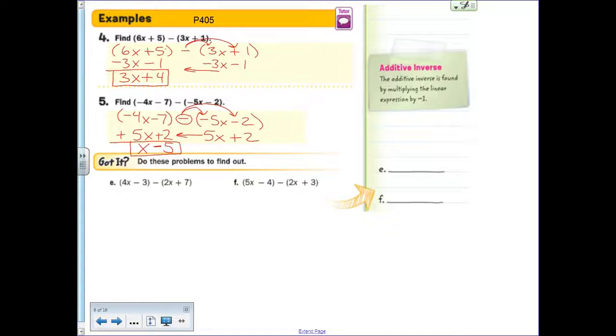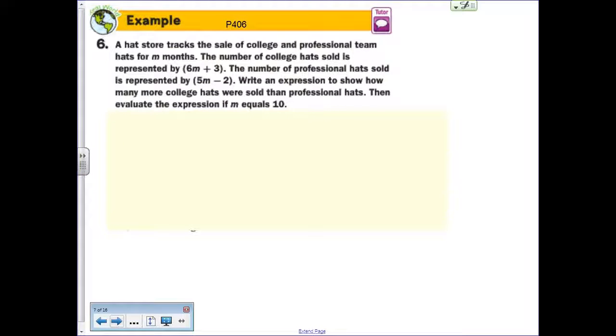That brings you up to examples E and F that you can do on your own after the video, but we still have one more example to look at. It says, a hat store tracks the sale of college and professional team hats for M months. Hey, there's our variable. M stands for the number of months.